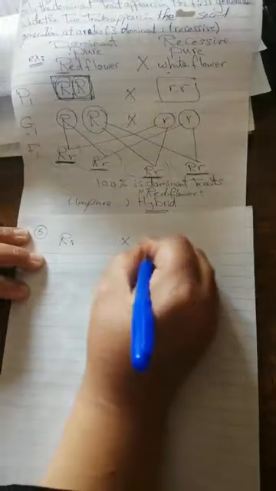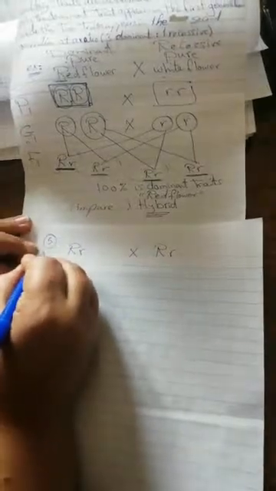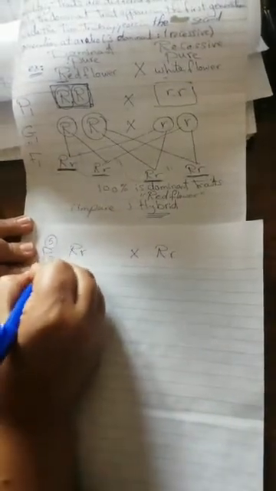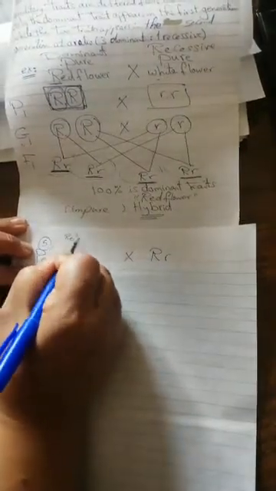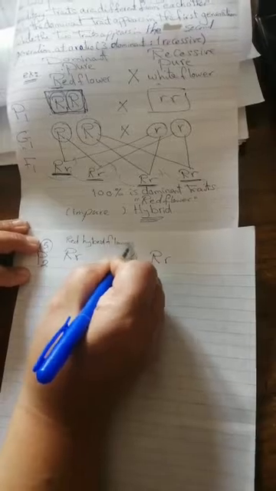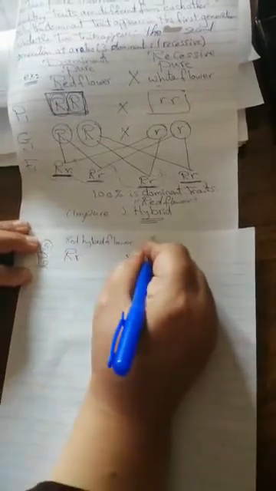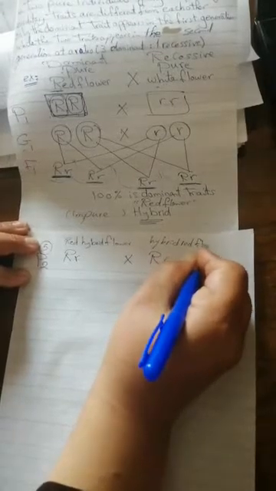Let's see. The second generation is coming from the first generation, and it's only for plants, we cannot do it on humans. This is the parent 2. Okay, this is a red hybrid flower, or hybrid red flower.